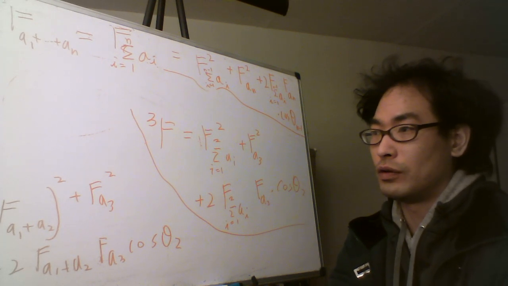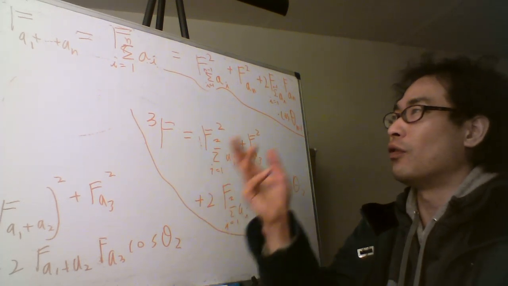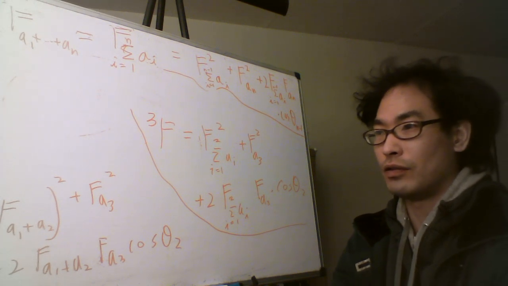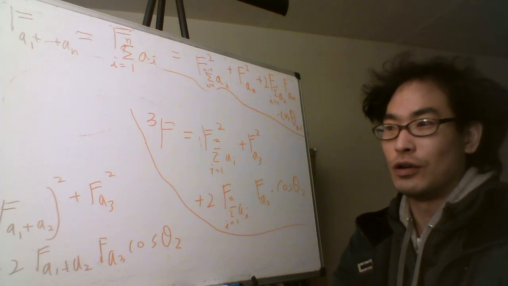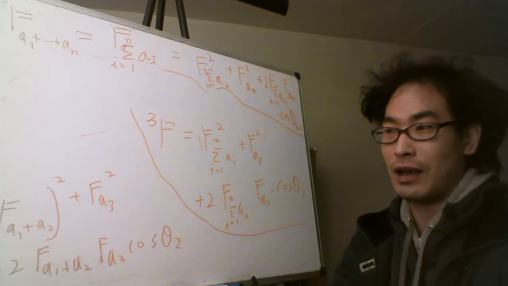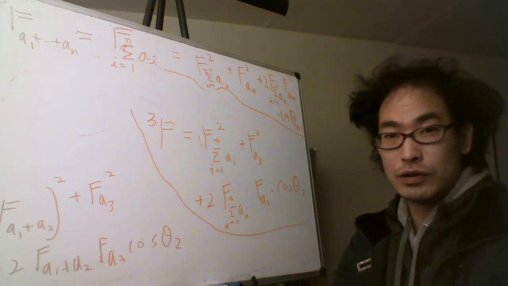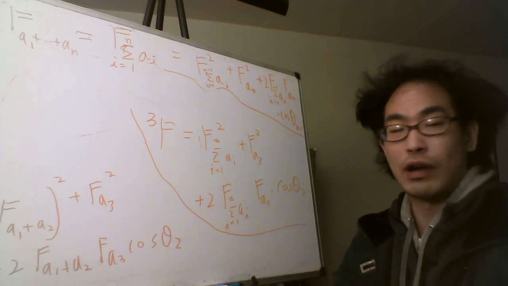Basically, let's assume this formula is false, and then it results in some kind of logical contradiction.